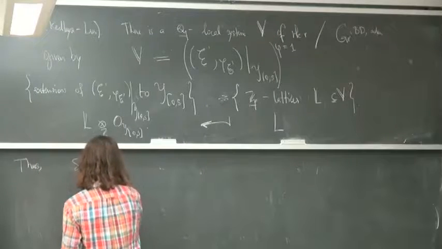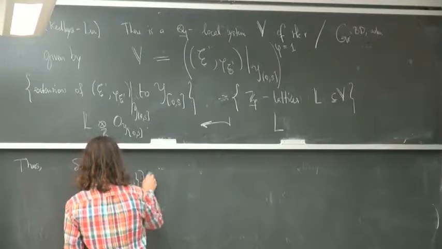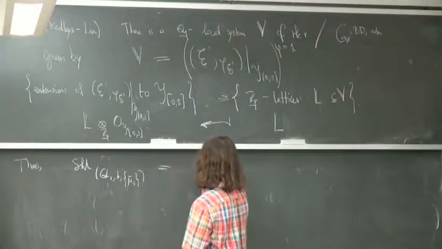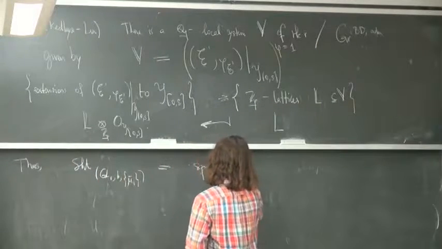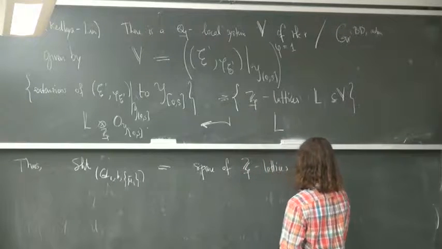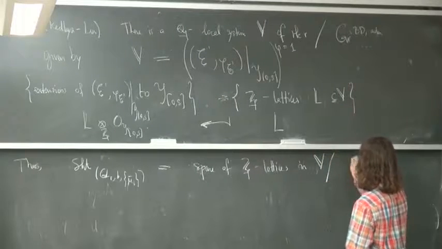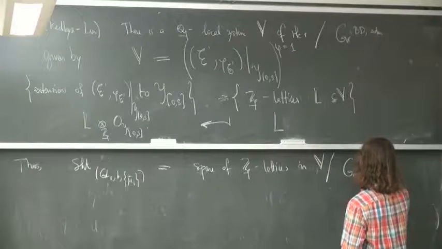So what is the space of Shtukas? It's just the space of ZP lattices in this universal V over the admissible locus in the Beilinson-Drinfeld Grassmannian.